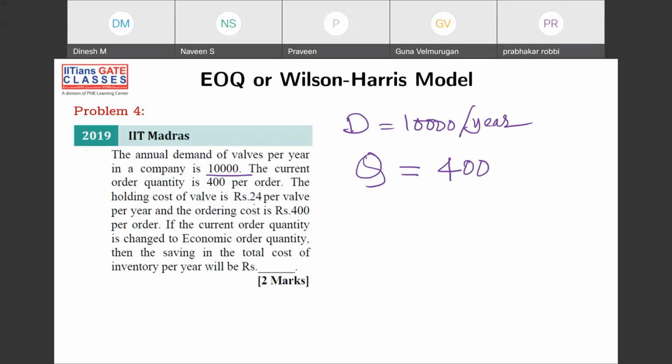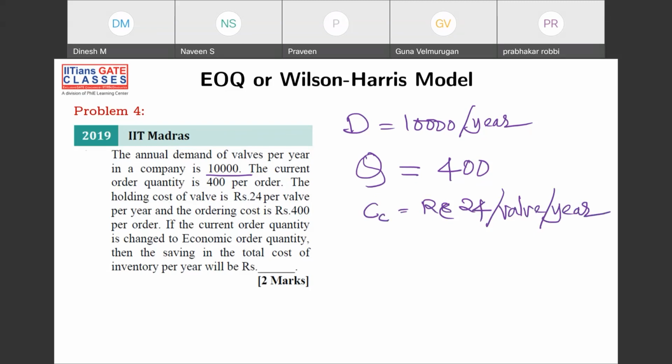The holding cost of a valve is rupees 24 per valve per year. What is 24 here? Is it not carrying cost? It is CC, 24 per valve per year.